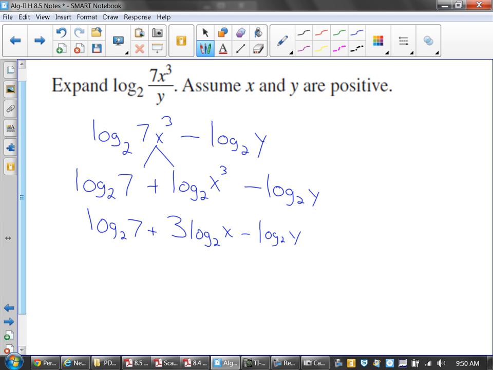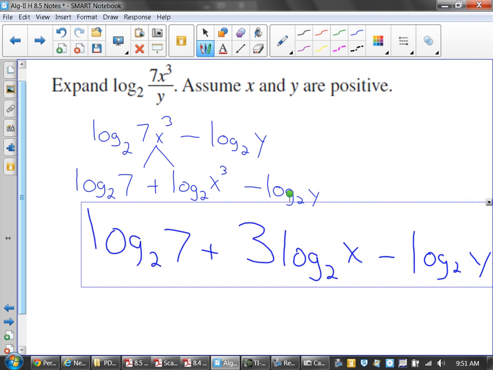And then what's multiplication then? Repeated addition. You're right, the log base 2 of x plus log base 2 of x plus log base 2 of x, and there's 3 of them, that's 3 times the log base 2 of x. You don't have to do that. You just leave it like that. I agree, it could be more expanded, but then again, I could also do this and make it more expanded as well.